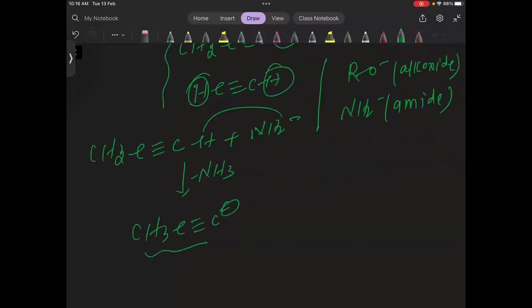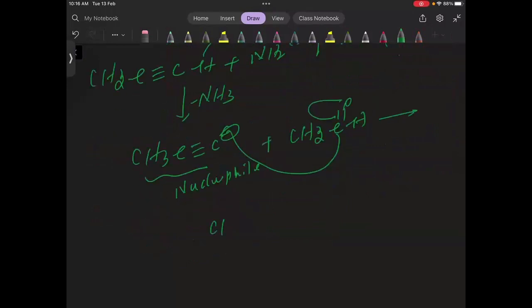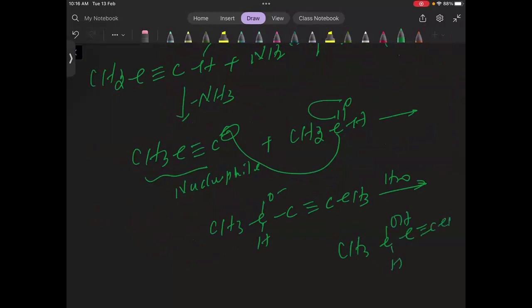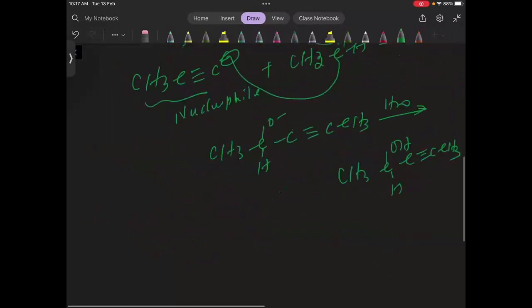Now this nucleophile is going to attack CH3, C double bond O, H, and it will form CH3, C O negative H, C triple bond C, CH3. Do the hydrolysis here, then CH3, C OH, H, C triple bond C, CH3 will form. Okay.